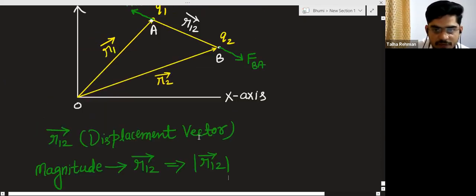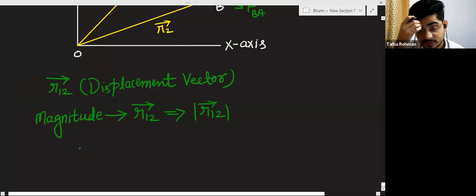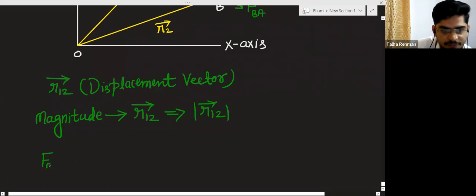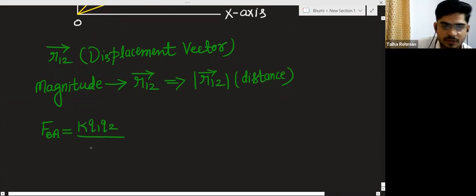Now if I want to calculate F_BA, we know that it is k q1 q2 divided by the square of this distance, the square of the magnitude of r12 vector.